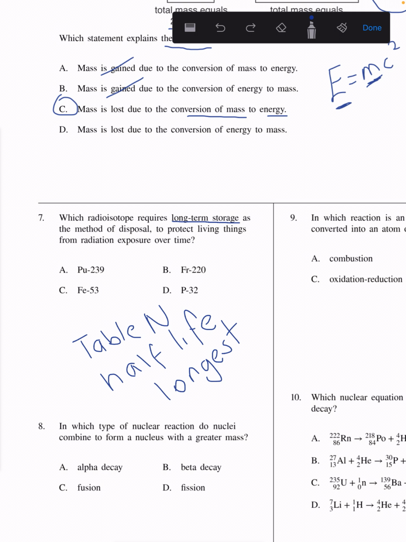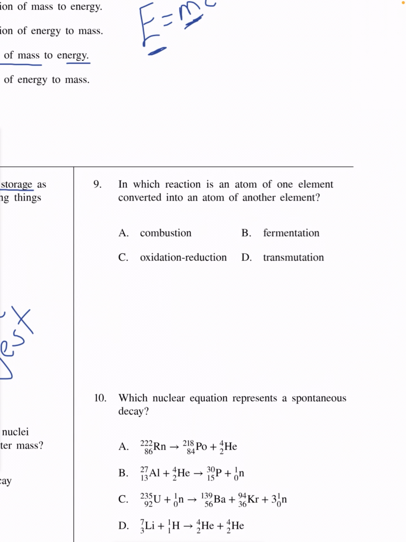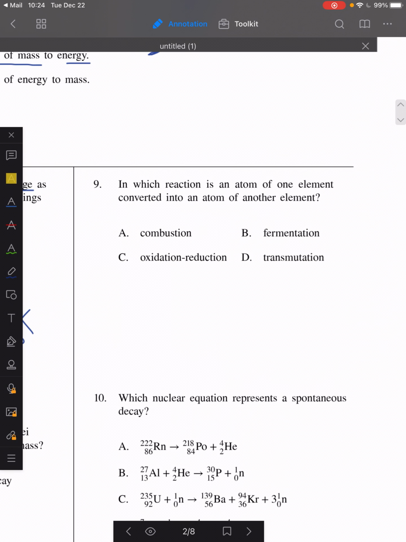Number 8. In which type of nuclear reaction do nuclei combine to form a nucleus with greater mass? Combine is fusion. We are combining, uniting them. Number 9. You see similar questions, guys.